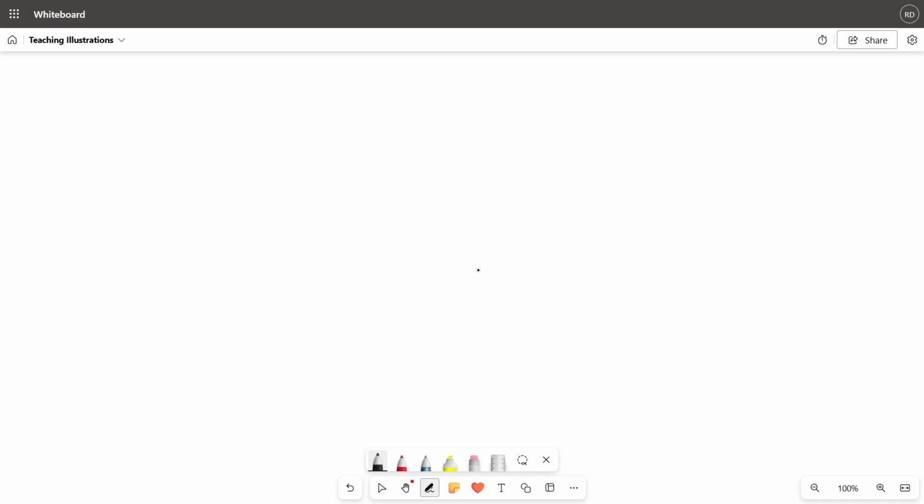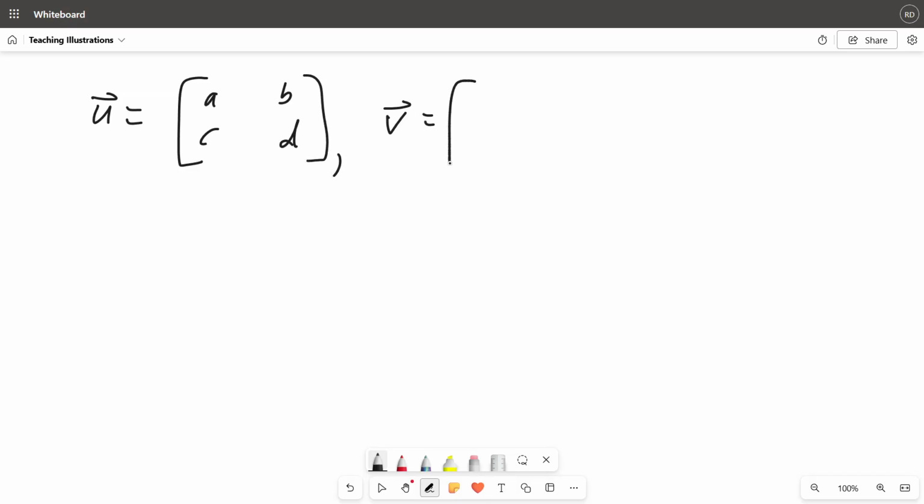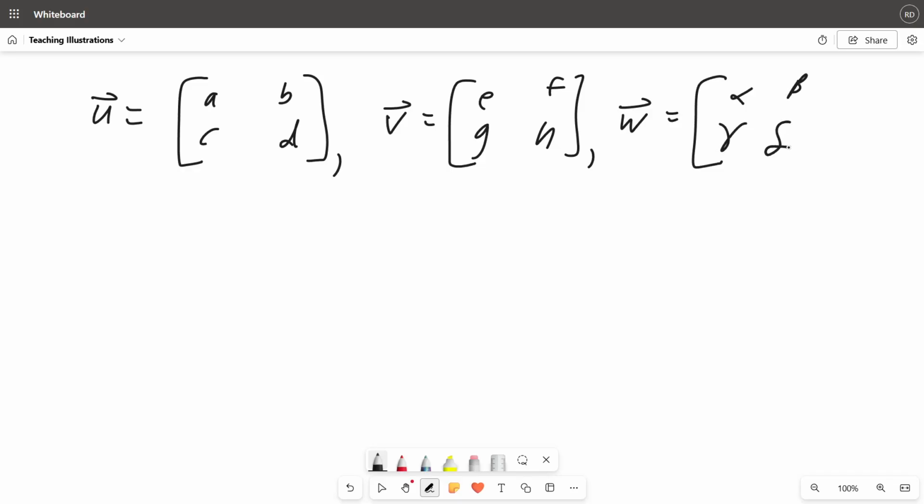Number 1, the symmetry is pretty straightforward to show. Number 2. Okay, let's do number 2 here. So we want to show, let's define U as A, B, C, D, V as E, F, G, H, and I will define W as, let's use some Greek, alpha, beta, gamma, delta.